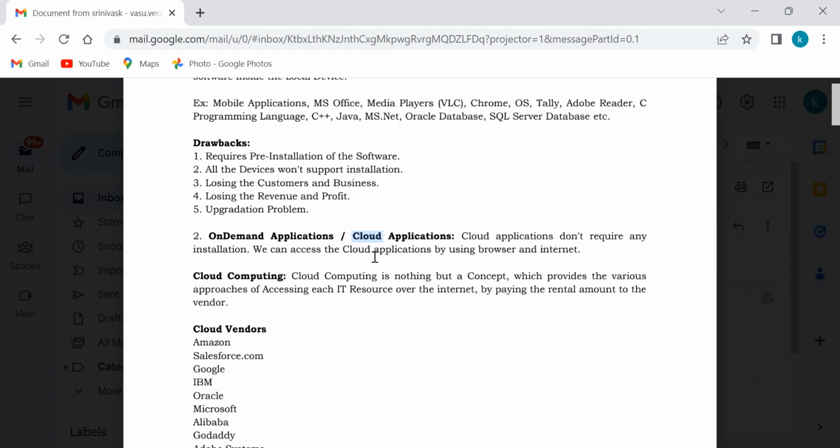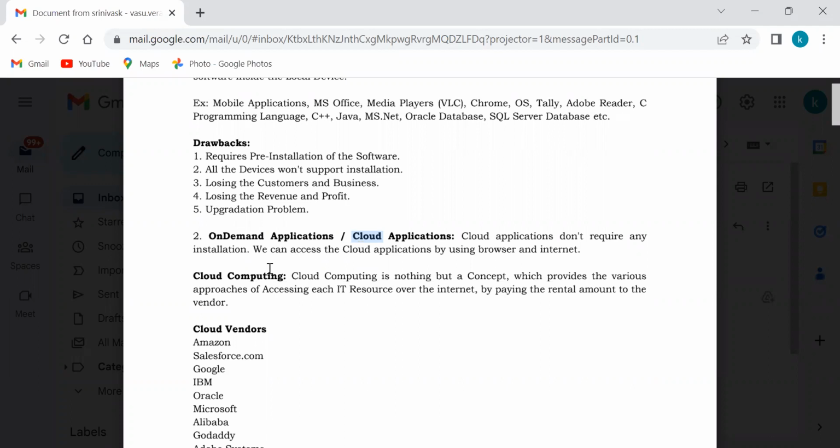That is the difference between on-premise and on-demand or cloud applications. Cloud applications do not require any installation of software. That is the definition of a cloud application.